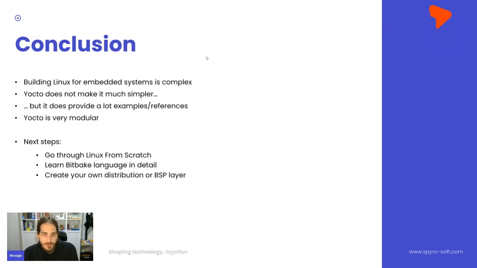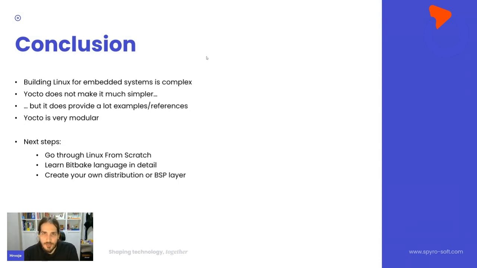And there are a few next steps that I want to mention. The first one is to go to Linux From Scratch. This will teach you a lot about Linux and how it's built, and a lot about these features that I just briefly mentioned here. Then you can learn BitBake, this specific language that BitBake uses, in detail.